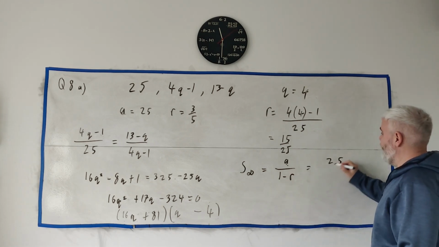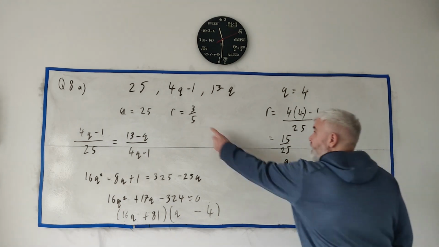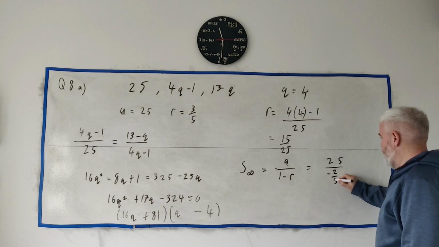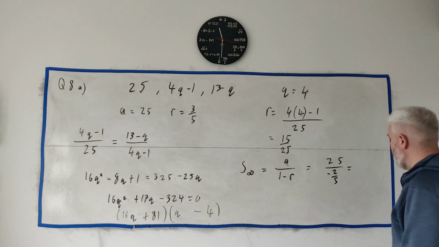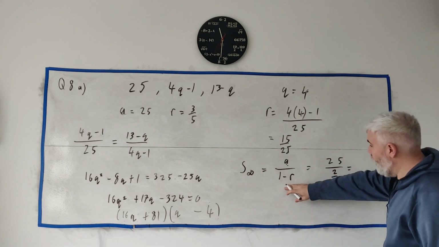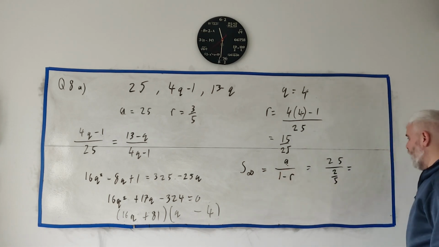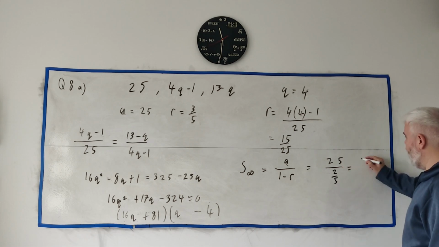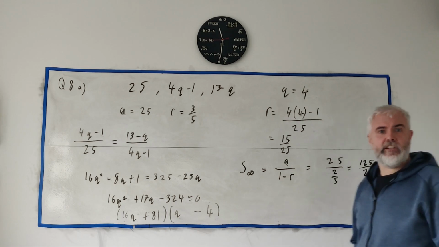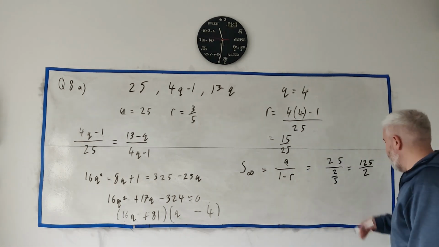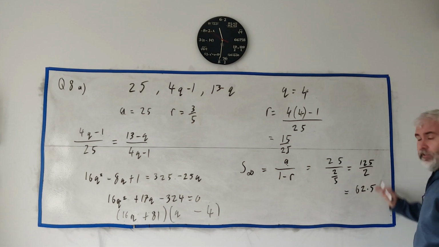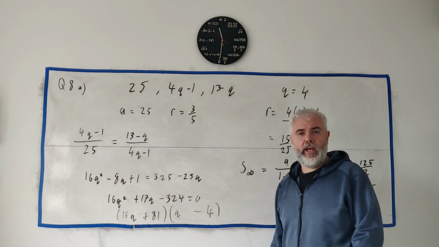It's 25 divided by 1 minus 3 over 5, which is, sorry, no, 1 minus 3 over 5 is only 2 over 5, yes. 5 times 25 is 125 over 2. And that's your final answer. I don't think they asked you to put in decimal places, but I guess that goes in 62.5. Either of those is perfectly okay.